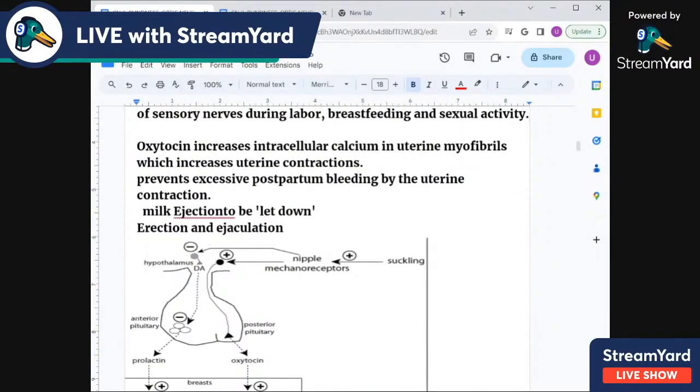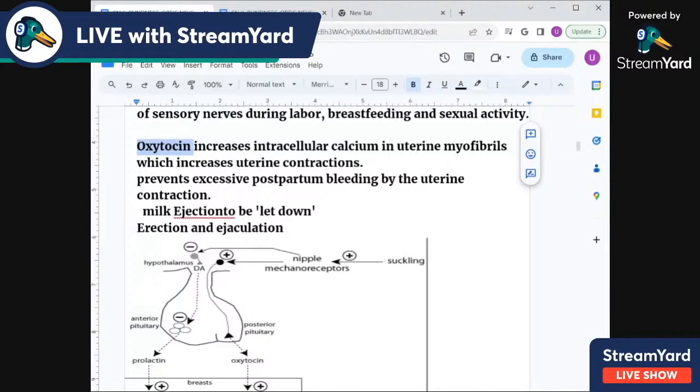Whereas the other hormone, oxytocin, has different functions at different physiological states of the body. Normally, oxytocin causes ductal development of the breast at puberty. But at the time of labor, it causes uterine contraction by increasing calcium in the myometrium. After labor, it also prevents bleeding.